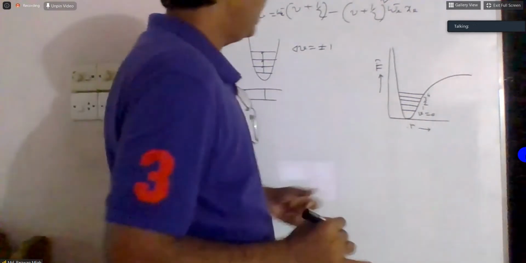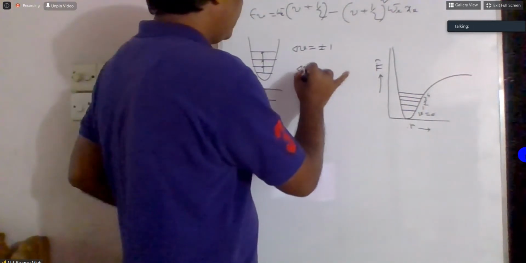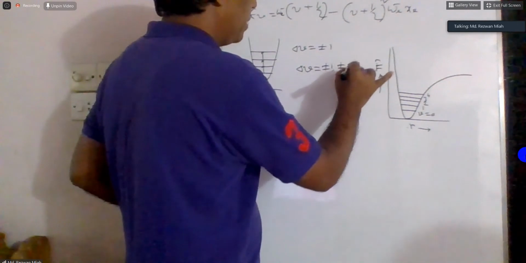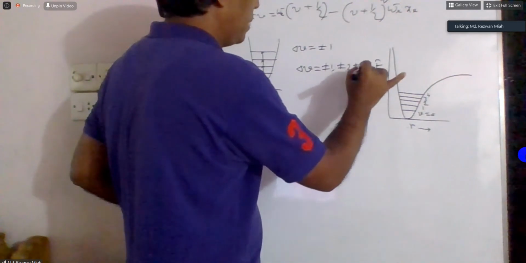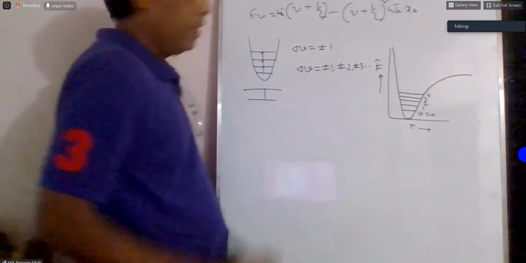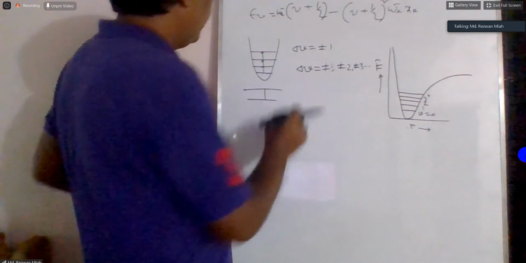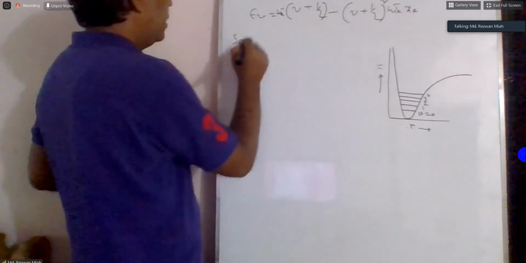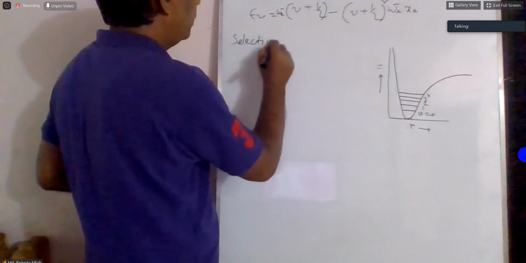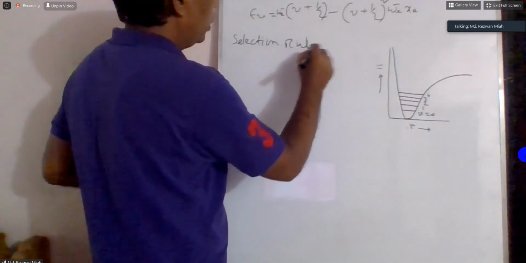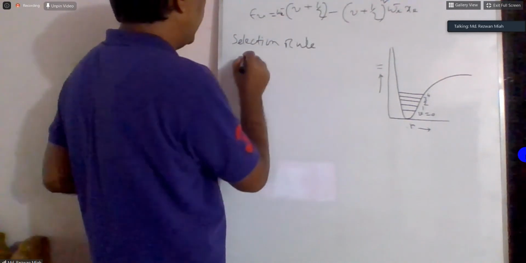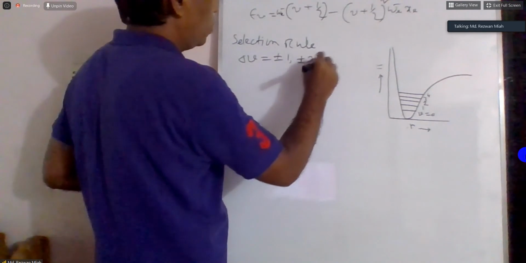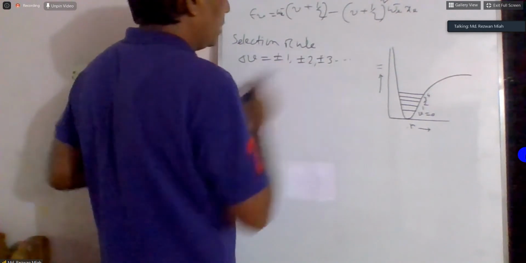But in this case, the selection rule is plus minus 1 obviously, but it can be plus minus 2, it can be plus minus 3, etc. So in case of an anharmonic oscillator, the selection rule for the anharmonic case is delta mu is equal to plus minus 1, plus minus 2, plus minus 3, and so on.